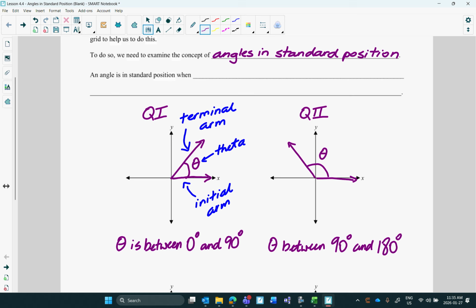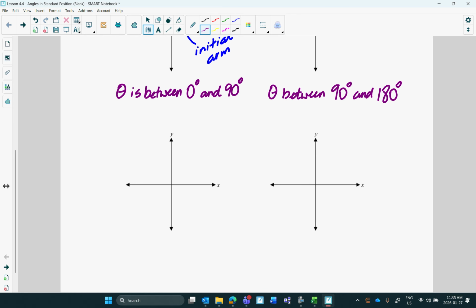And then we can do the same for the remaining 2 quadrants. So in quadrant 3, remember your initial arm is always the positive x-axis. And let's say I want to draw an angle that ends in quadrant 3. So this is my angle.